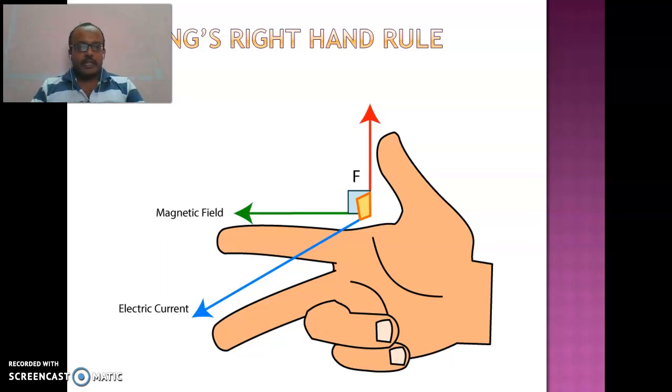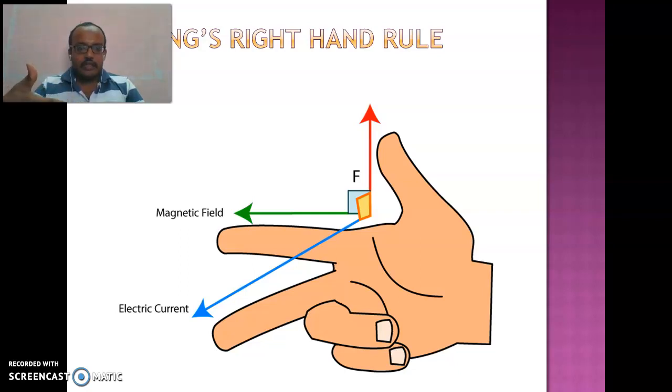The next topic is Fleming's right hand rule. Our right hand is this one. First of all, keep your right hand like this. Keep all the three fingers, thumb, forefinger, and the middle finger, perpendicular to each other.